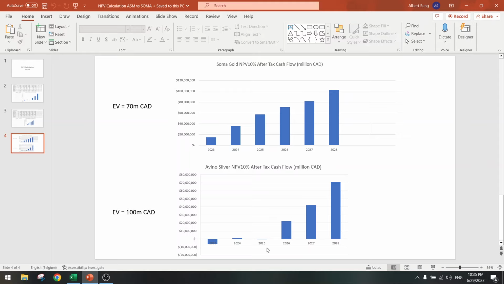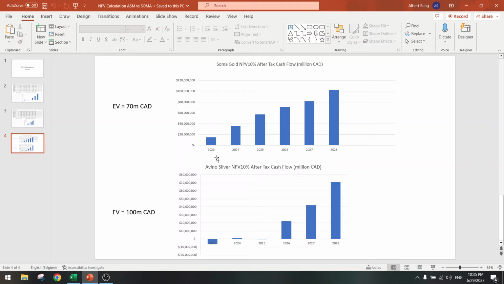This company will reinvest some of that money back into the mine, so it doesn't have free cash flows. But from 2026 onwards, it will rise pretty fast.